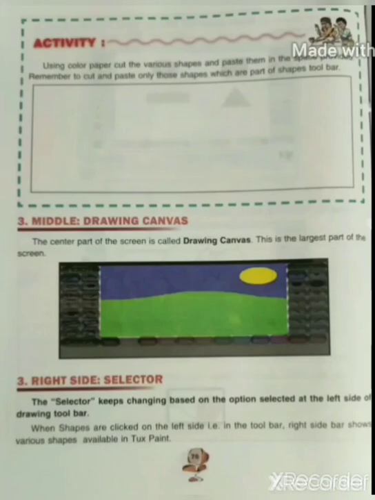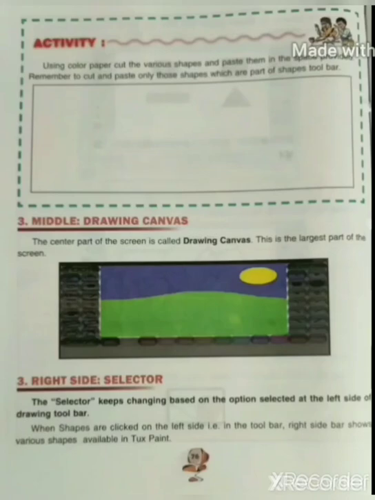As we have discussed earlier, when we take any tool from the left hand side, that is the toolbar, its related options come on the right hand side, which we call the selector. So let's read it. The selector keeps changing based on the option selected at the left side of the drawing toolbar.